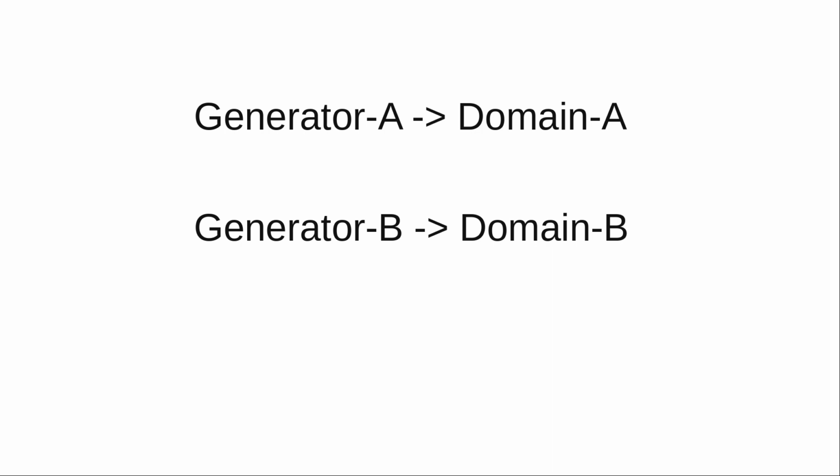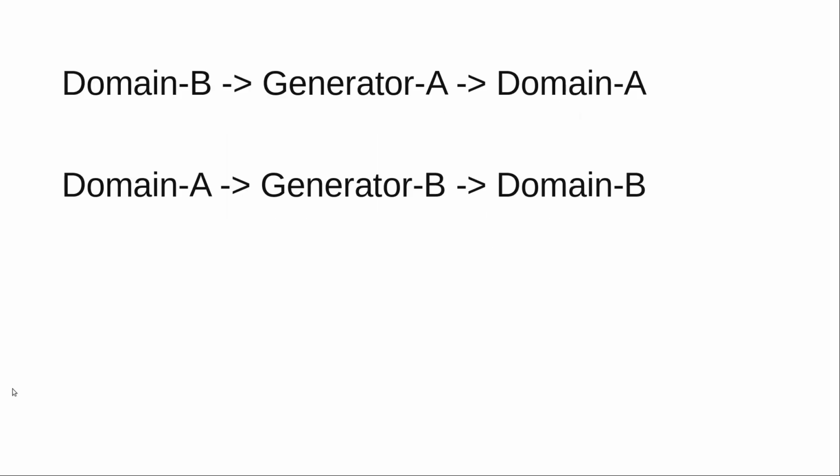One generator, generator A, generates images for the first domain, domain A, and the second generator, generator B, generates images for the second domain, domain B. The generator models perform image translation here, meaning that the image generation process is conditional on an input image, specifically an image from the other domain. So generator A takes an image from domain B as input, and generator B takes an image from domain A as input.